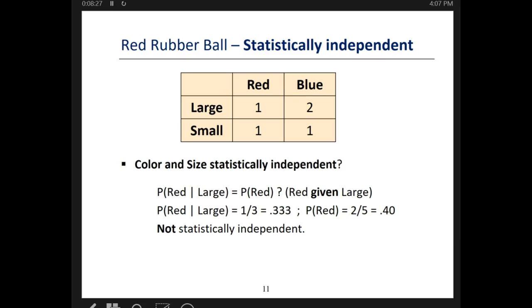Going back to the color and size of the rubber ball, they're statistically independent. 1 large red, 1 out of 3. The other example is 40%, 2 out of 5, where they're both red. 40% means they're statistically not independent.